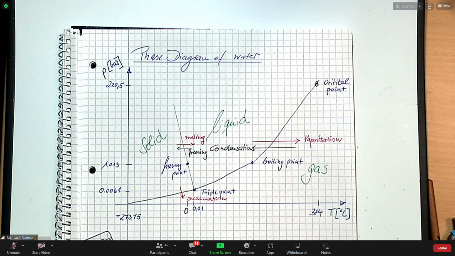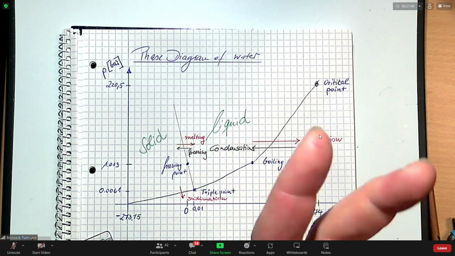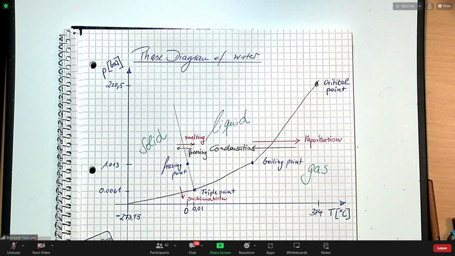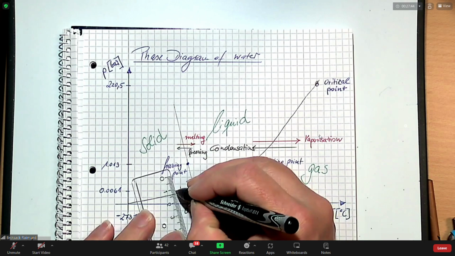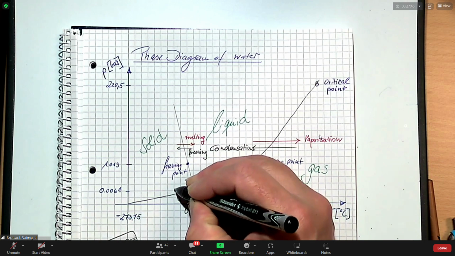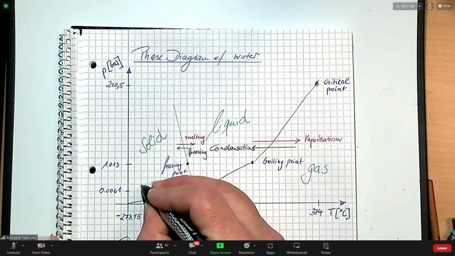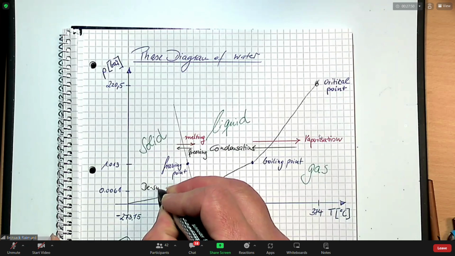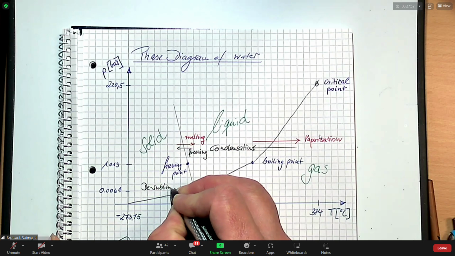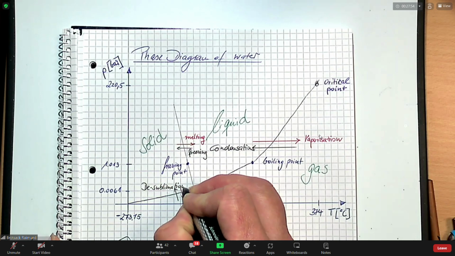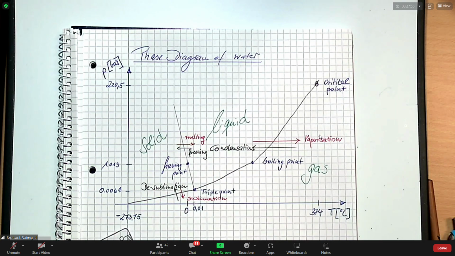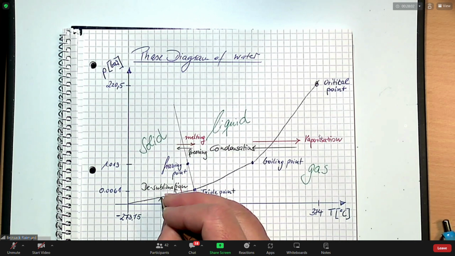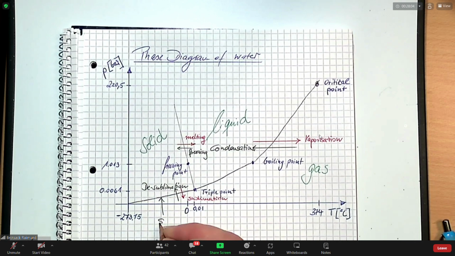And the way back, desublimation. The name of the curve here, this curve we call the sublimation curve.